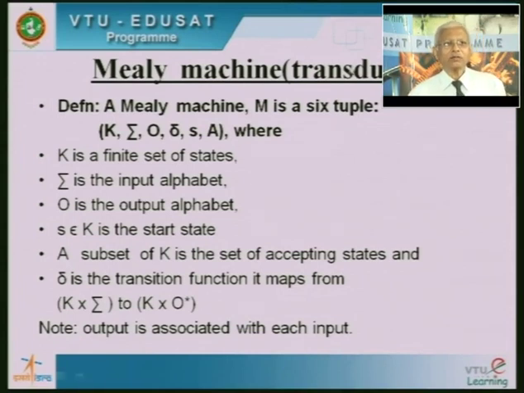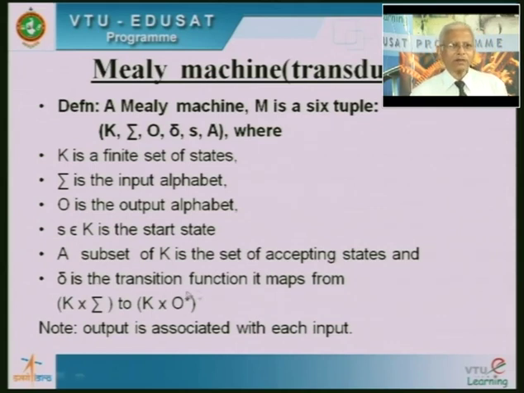Here we require only 6 tuples for defining the Mealy machine. As usual, K is the finite set of states, sigma is the input alphabet, O is the output alphabet, S is the start state as usual, and A is a subset of K, that is the accepting state. Again I want to emphasize, it will be confusing, it is not important in this case.